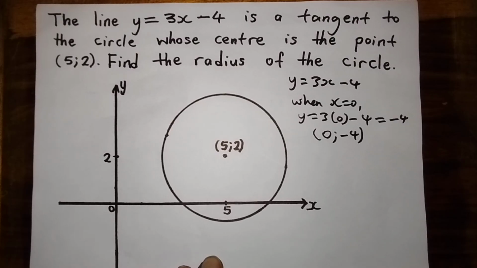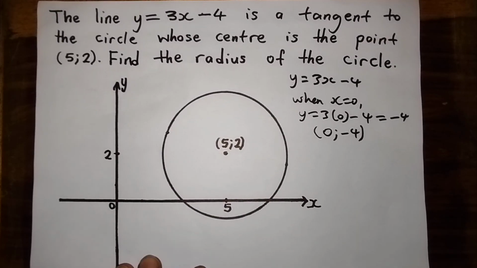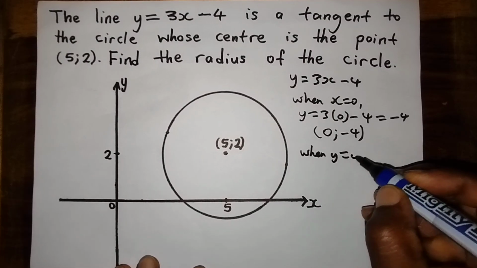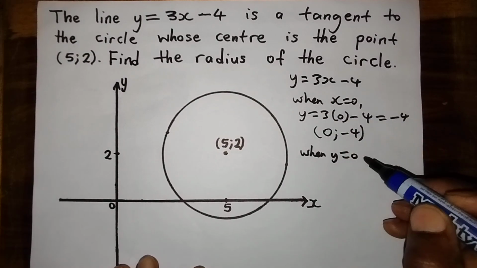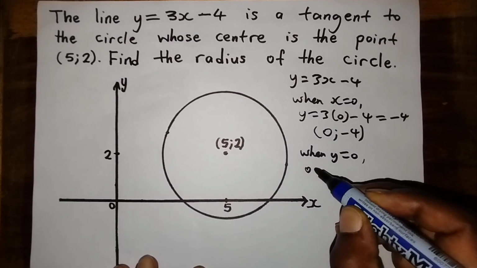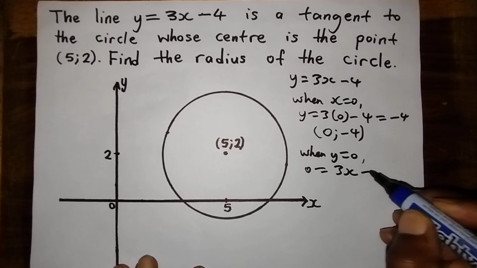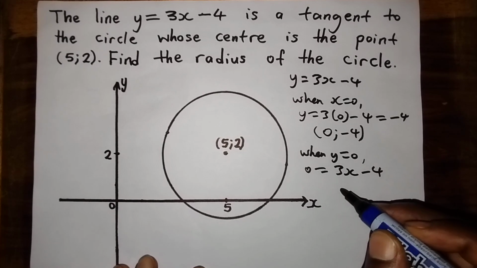So now we want to find the coordinates of the point where the line cuts the x-axis. So our line cuts the x-axis when y equals 0. Okay, so I'm going to substitute 0 for y in this equation. So 0 equals 3x minus 4. And then I take this minus 4 to the left, so it becomes positive 4.